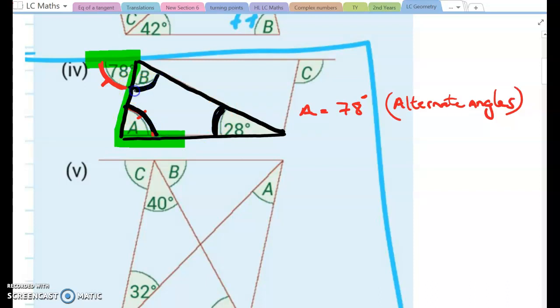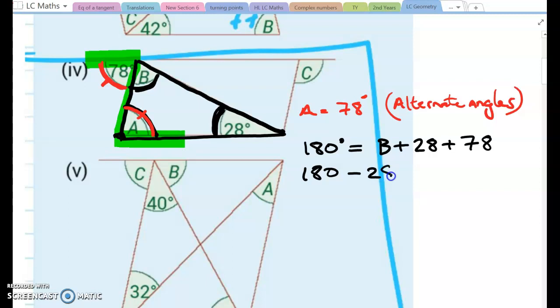So finding B shouldn't be a problem. We know that 180 degrees is equal to B plus 28 plus 78. So 180 minus 28 and minus 78 will give us what B is.